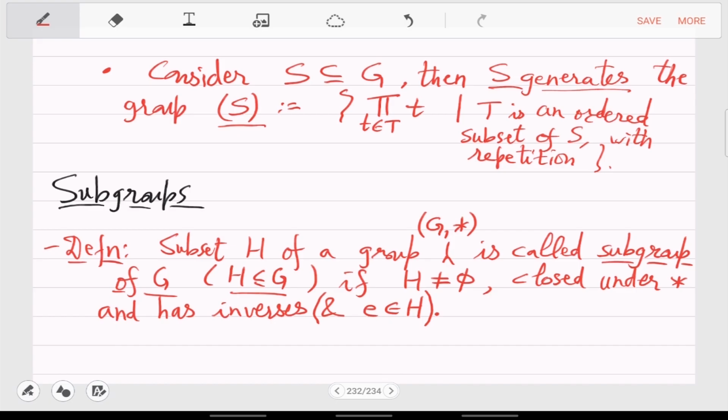Maybe we can see one example. In the case of integers, integers form a group only with respect to plus. What are the subgroups of this G?